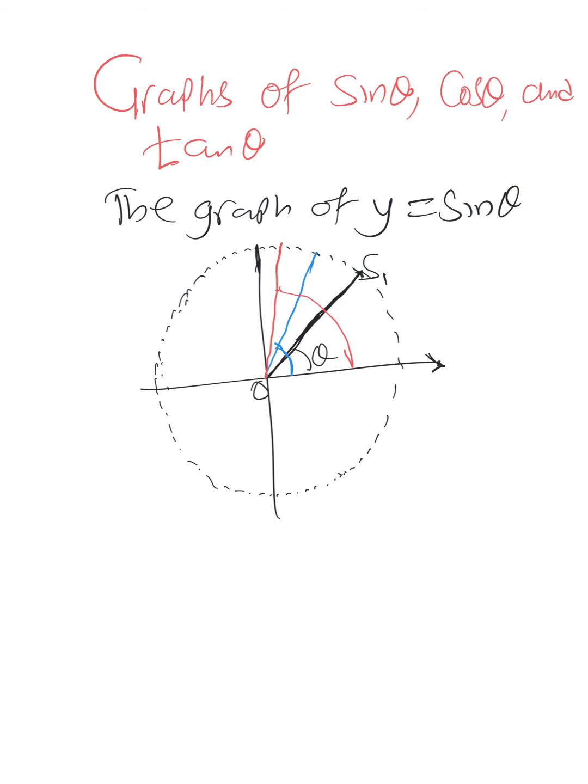Positive angle. Now, let's come to the first one. This is a vector OS of length 1 unit. Let's call this point N. So we know that if it is 1, then the coordinate of this point will be 1 and 0.